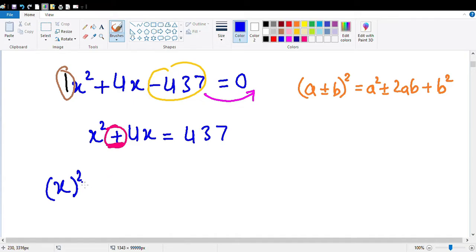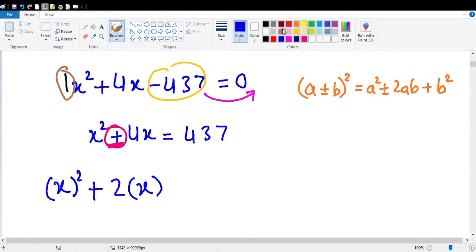And plus, from the formula, 2ab, so it's the (a plus b) whole square formula. We have the a term, which is x. We don't have the b term, right? We can't take this 4x as the b term, because it's not squared.